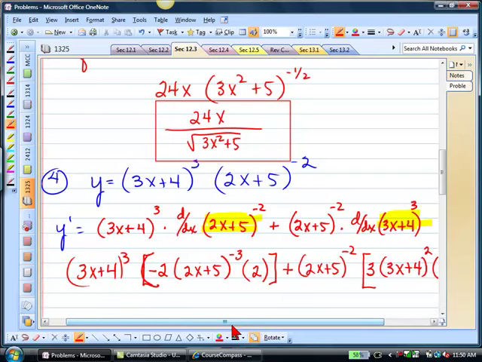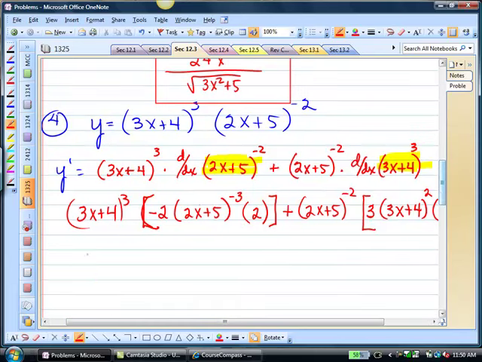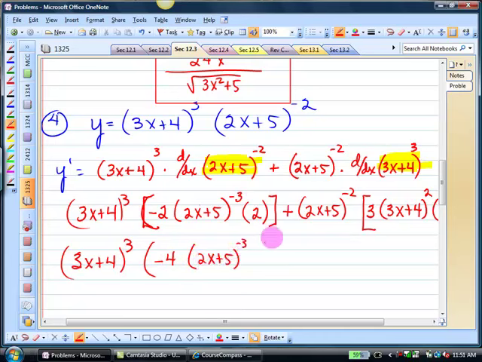All right. Now it's just a matter of cleaning up. So let's clean up within the brackets and see what we get. So we have 3x plus 4 cubed times what? -4 times 2x plus 5 to the -3. I'm still in brackets.